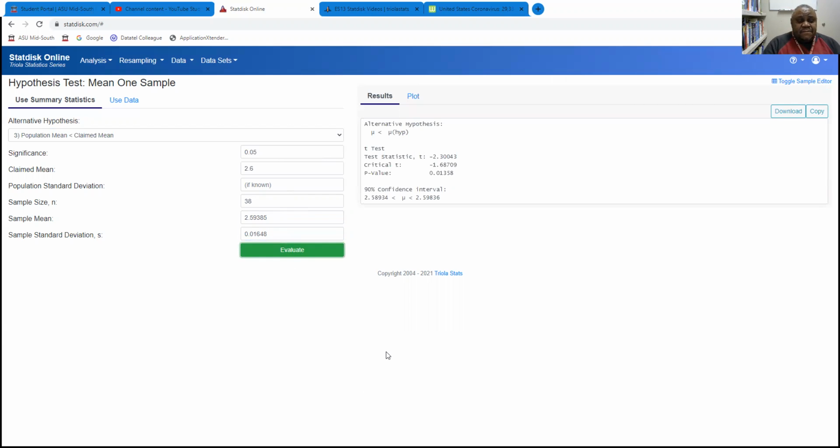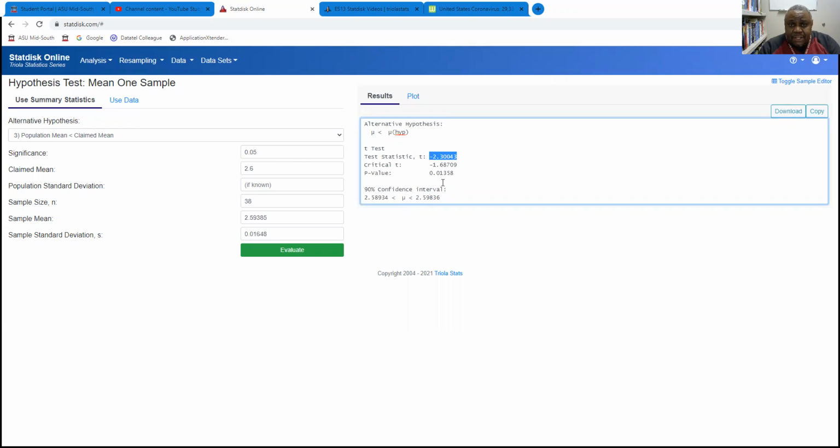So in this case, the test statistic, which is the first thing they're going to ask for, is negative 2.300, because they want this one to 3 decimal places. Excuse me.